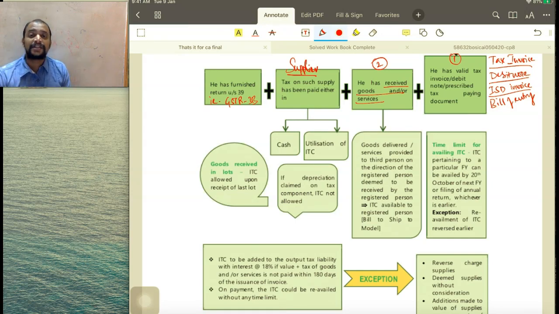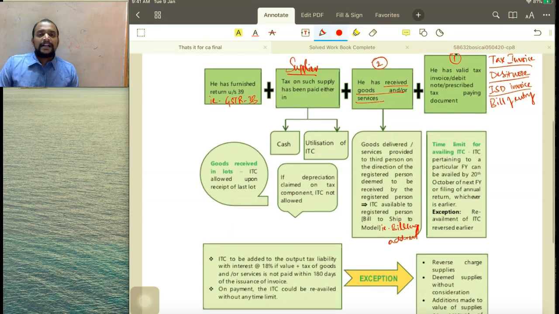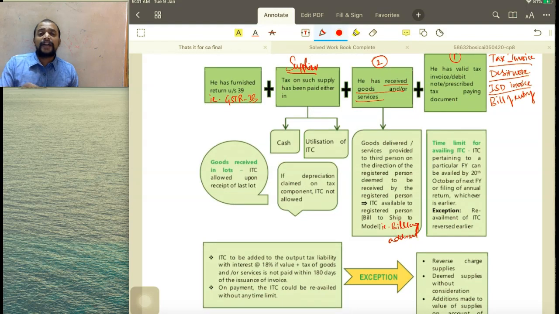ITC available to the registered person means to the billing address ITC is available. That is billing address.